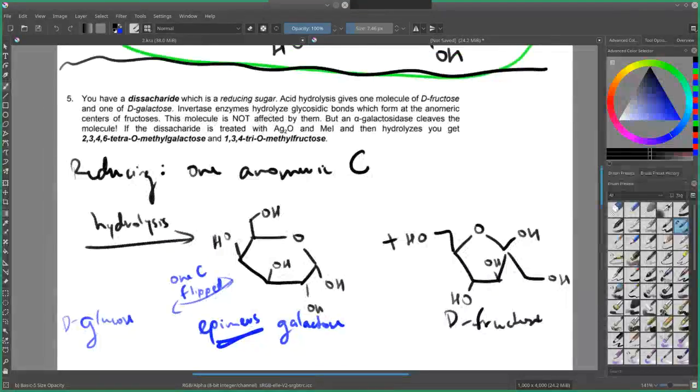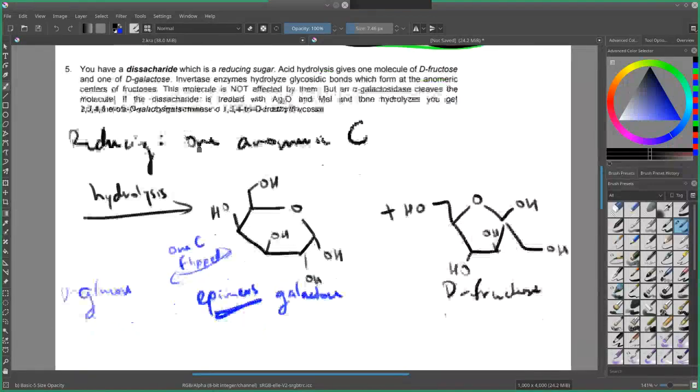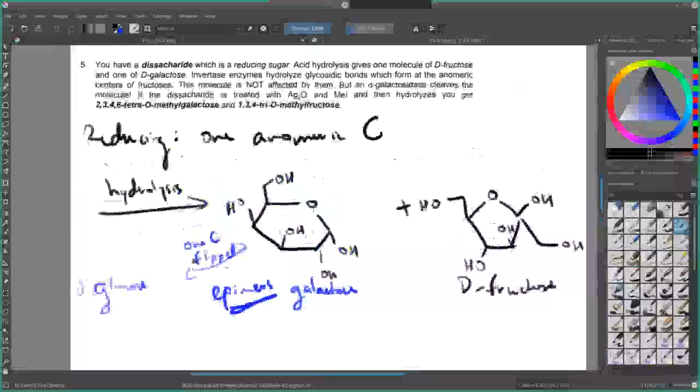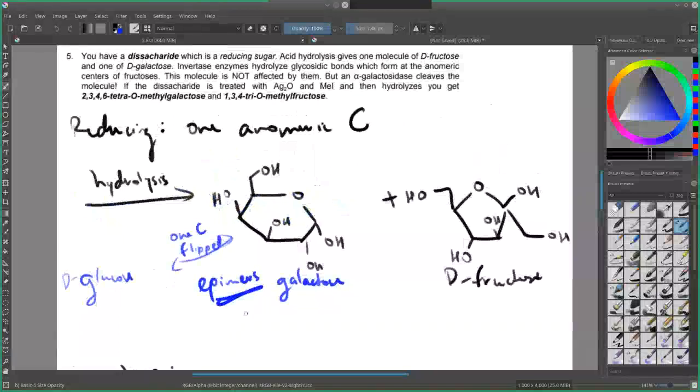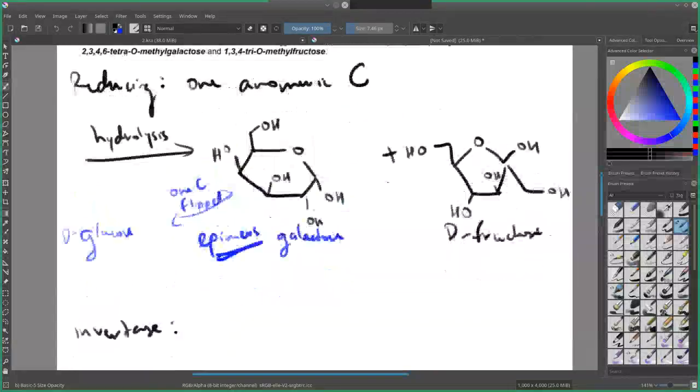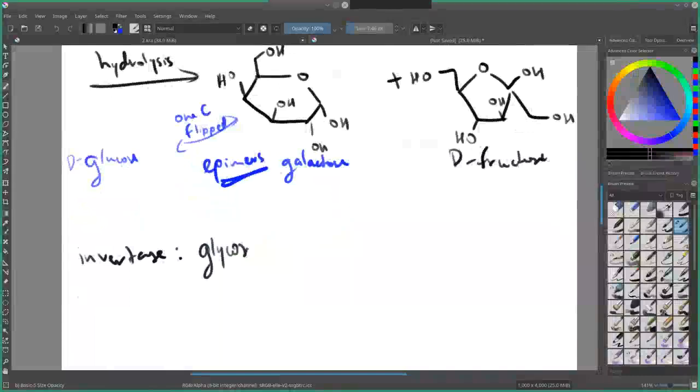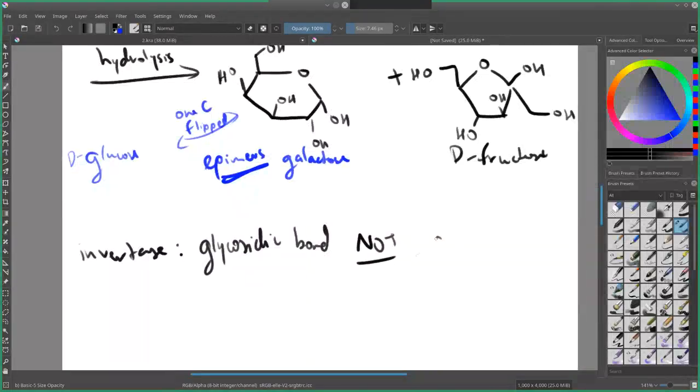All right, let's see. Invertase enzymes hydrolyze glycosidic bonds forming at the anomeric centers of fructose, and fructose is not affected by them. Okay? So from the whole invertase thing, we know that the glycosidic bond is not at the anomeric carbon of fructose.